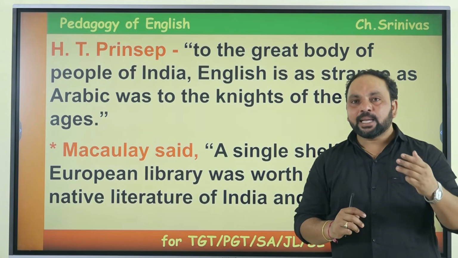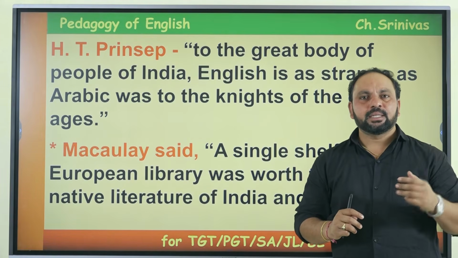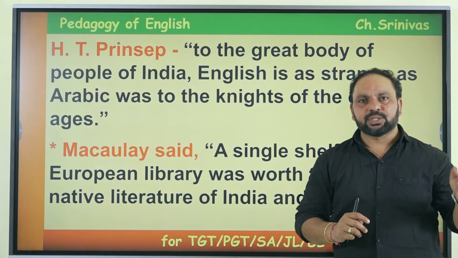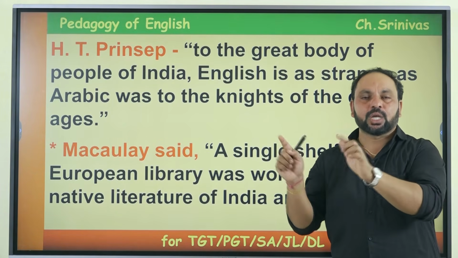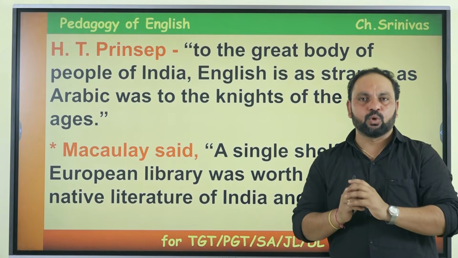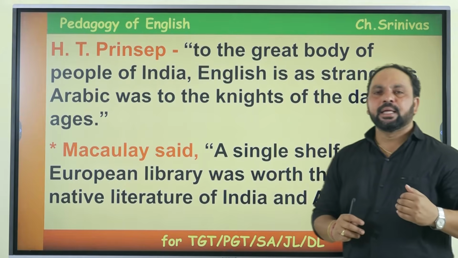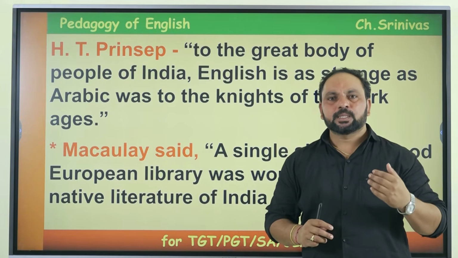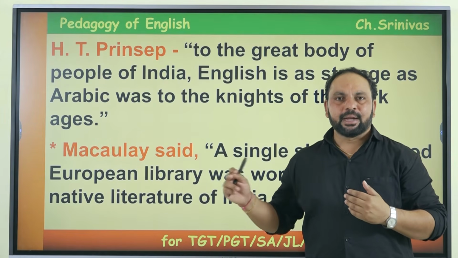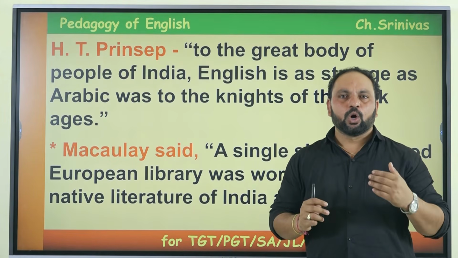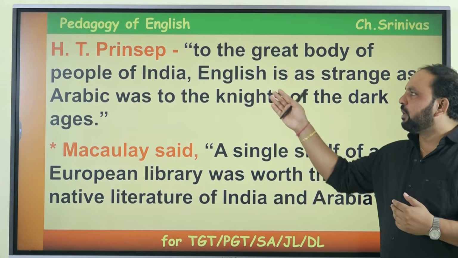So exaggerating the great literature of Europe, he said that even the entire literature in India and Arabia will not be equal to a single shelf of European library. So this was the quote given by Macaulay, and he wanted to express the importance of European literature in a rhetorical manner and also in an exaggerating way, right?